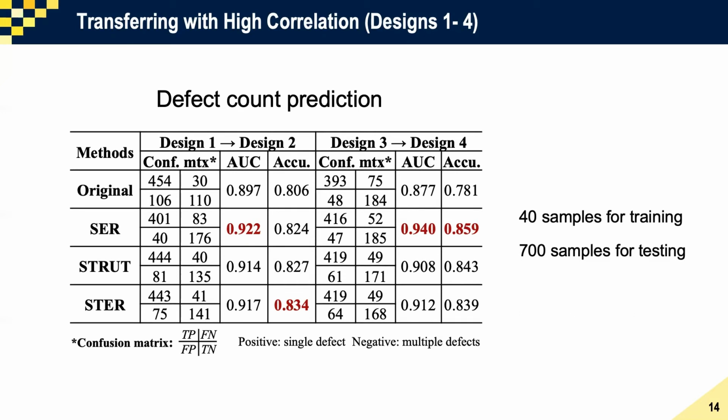For example, when transferring from design 3 to 4, we see significant increases in both AUC and accuracy compared to the original. On the other hand, none of these 3 transferring strategies is optimal for all cases, which validates the idea of using all of them as candidates and selecting the optimal one using the OOB metric.